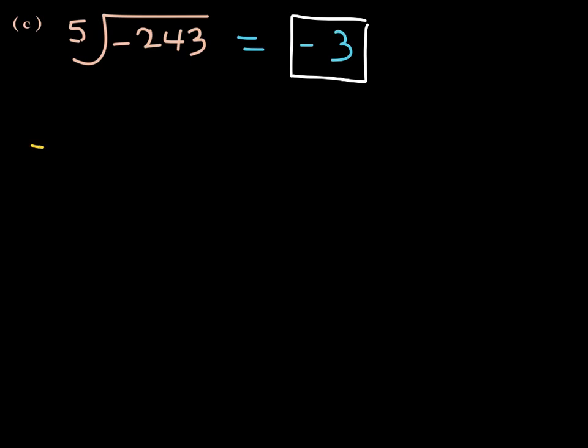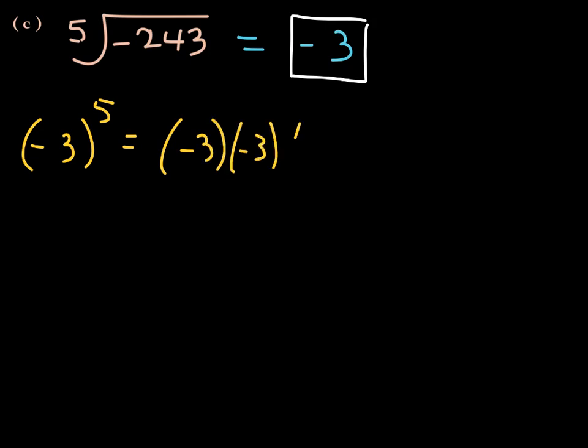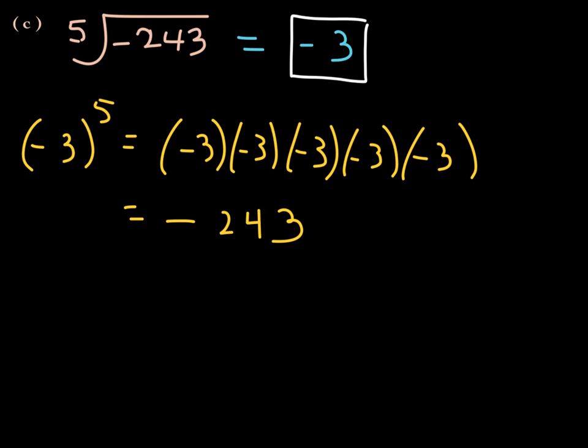If I take negative 3 and I raise it to the fifth power, we all know that means negative 3 multiplied 5 times, right? But it's repeated multiplication. Notice that you have an odd number of negatives. You have 5 negatives, so it's negative, and then 3 raised to the fifth power is 243, right? Now, I'll be really honest with you. I know a few of my perfect fifths.